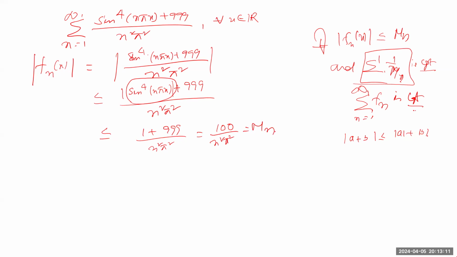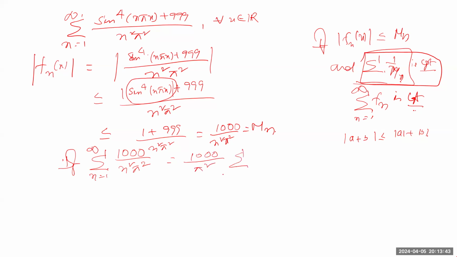So what is your condition? We need the series summation n equals 1 to infinity of 1000 over n square pi square to be convergent. Is it convergent or not? Take out the terms independent of n: 1000 over pi square is independent, and the summation is n equals 1 to infinity of 1 over n square.